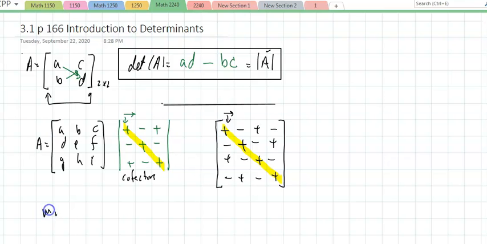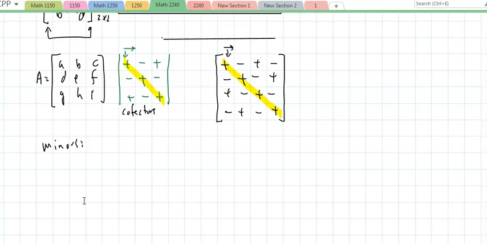The minors: what you do is reduce a 3 by 3 to a 2 by 2. The minors, meaning, if you picked A, then you cross out A's row and column, and you have E, F, H, I, and you find the product of those two, because that's a 2 by 2.